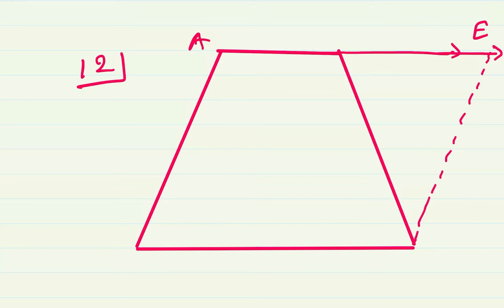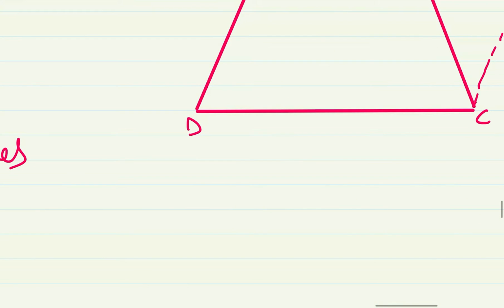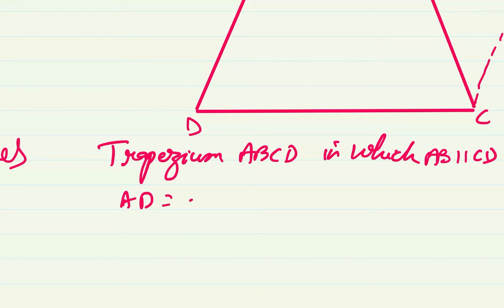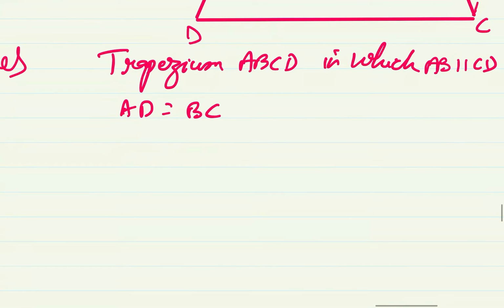So I have A, B, C and D. Now here, after extending this, we get a parallelogram, and so now trapezium ABCD, in which AB is parallel to CD and AD is equal to BC, is with us.